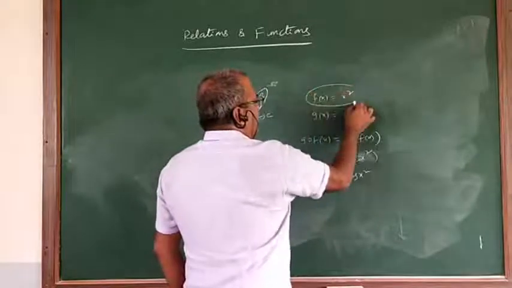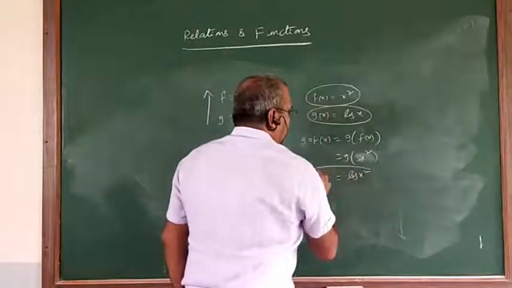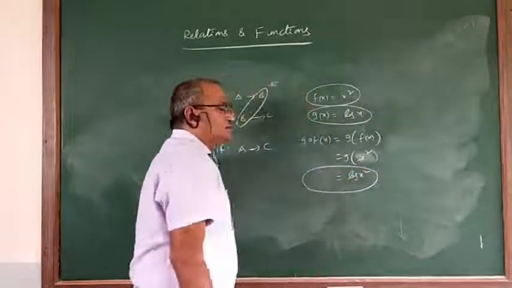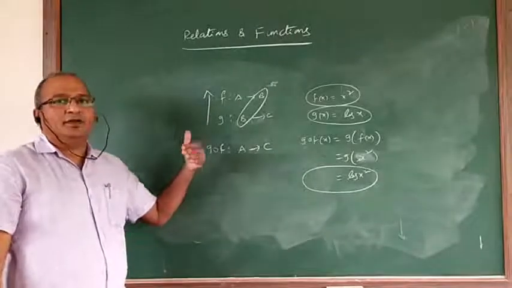See, we have f of x is one function, g of x is log x. Now g circle f is log x square, we got a new function. So composition will give a new function.